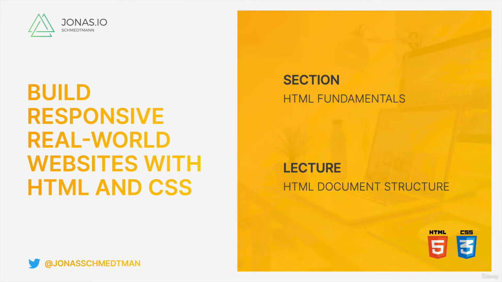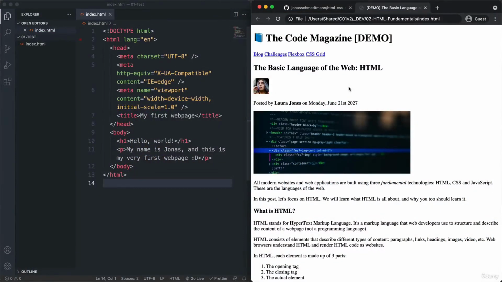Welcome back. So the first thing that we need to learn about HTML is the common HTML document structure. So a structure that each and every HTML document needs to have. But let's start by taking a very quick look at the project that we're going to build throughout this section. So we are building the code magazine. As you can see here, in this code magazine, we are building this very simple kind of blog post called the basic language of the web.